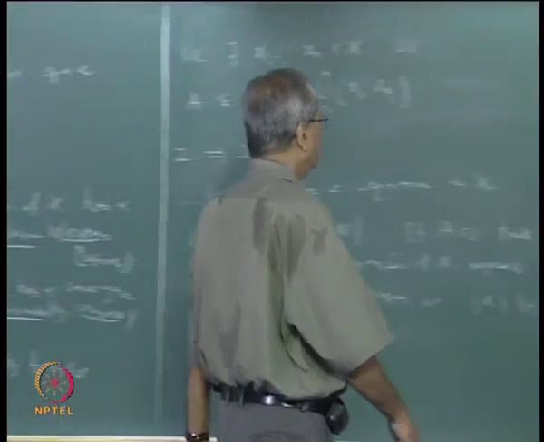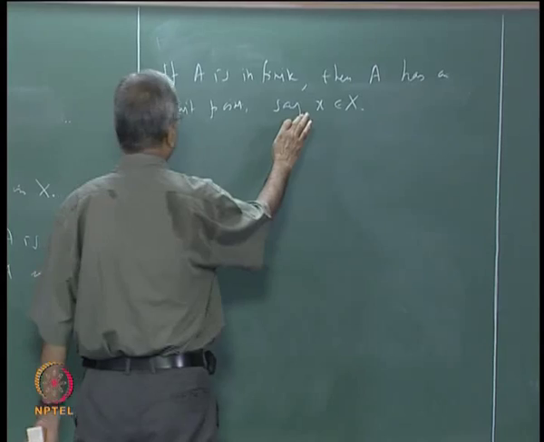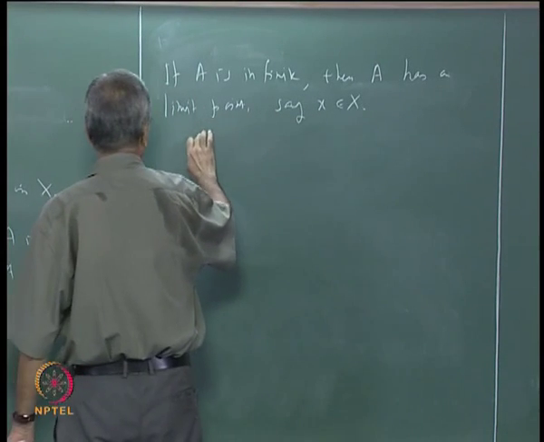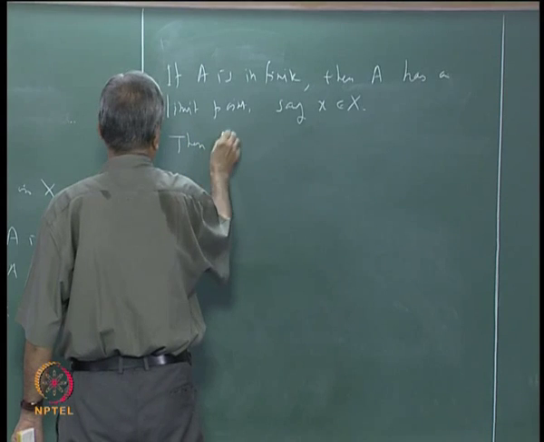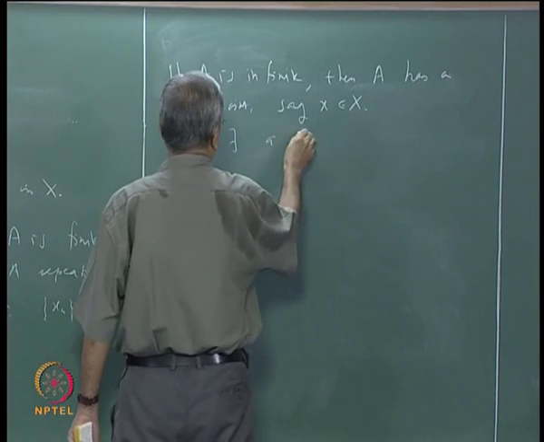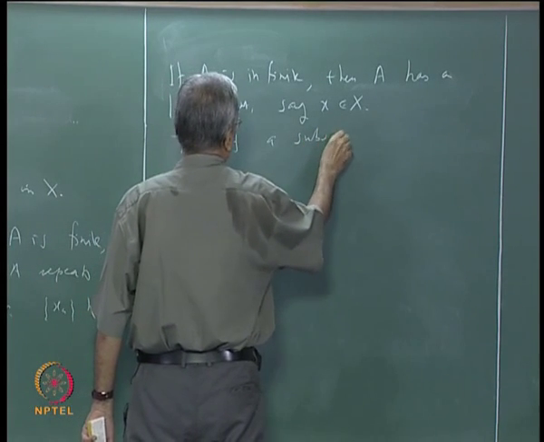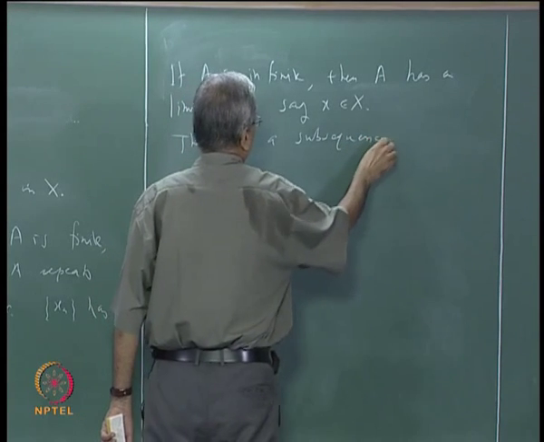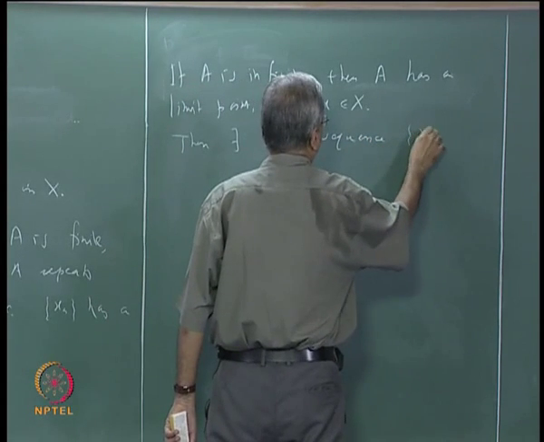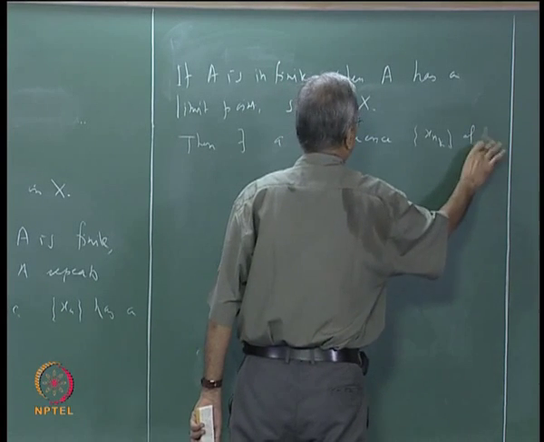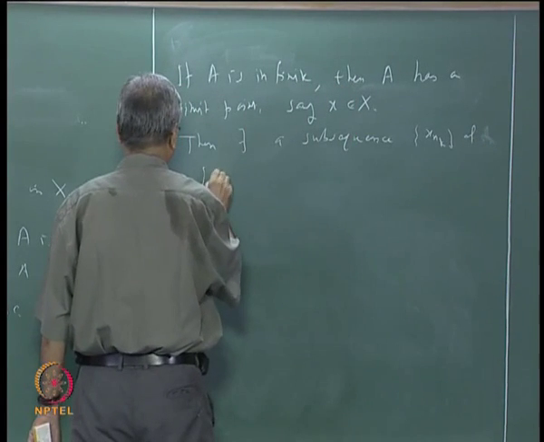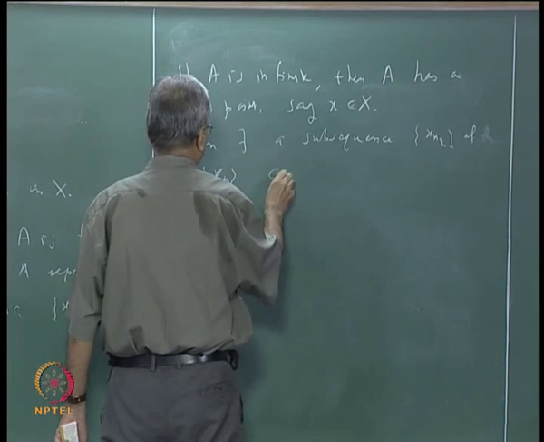So what I will simply say is that we can construct a subsequence of xn converging to x. Then there exists a subsequence xnk of xn converging to x.